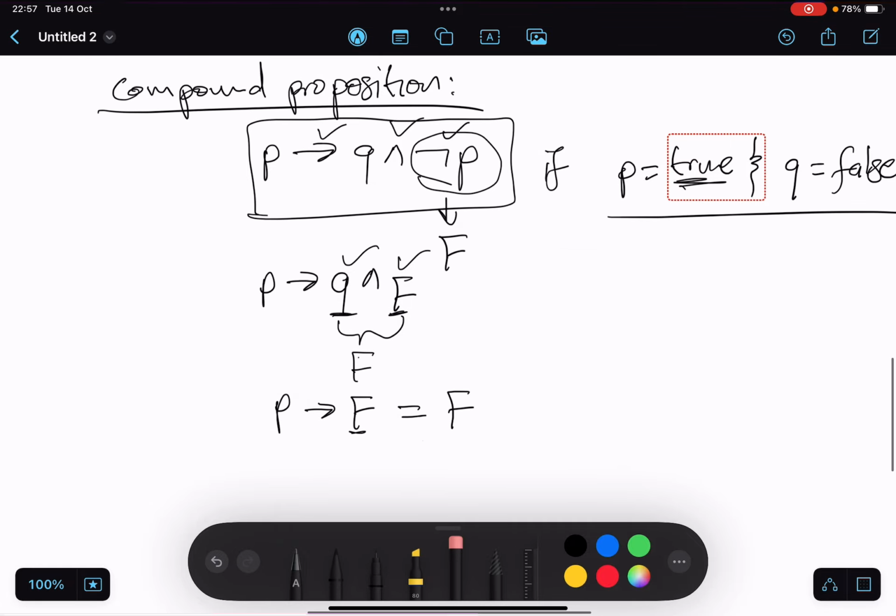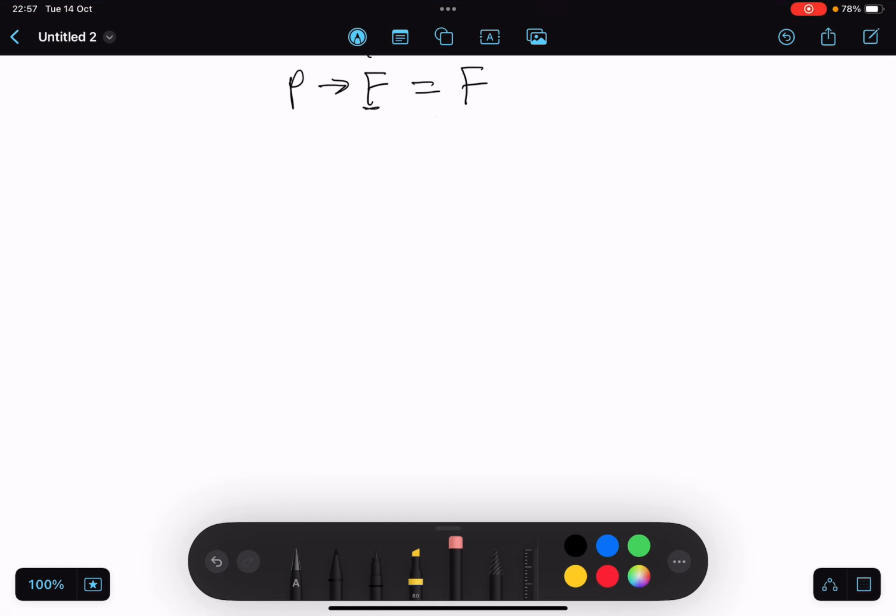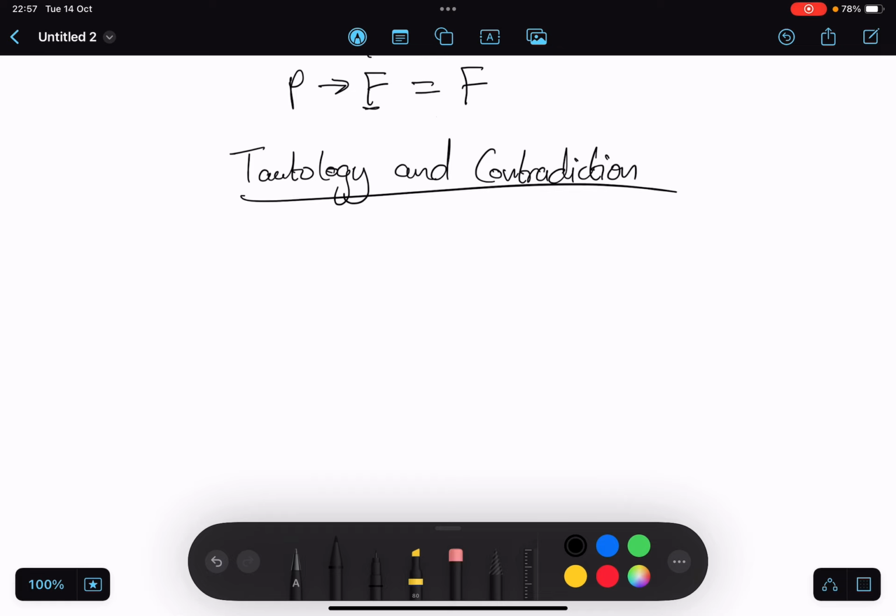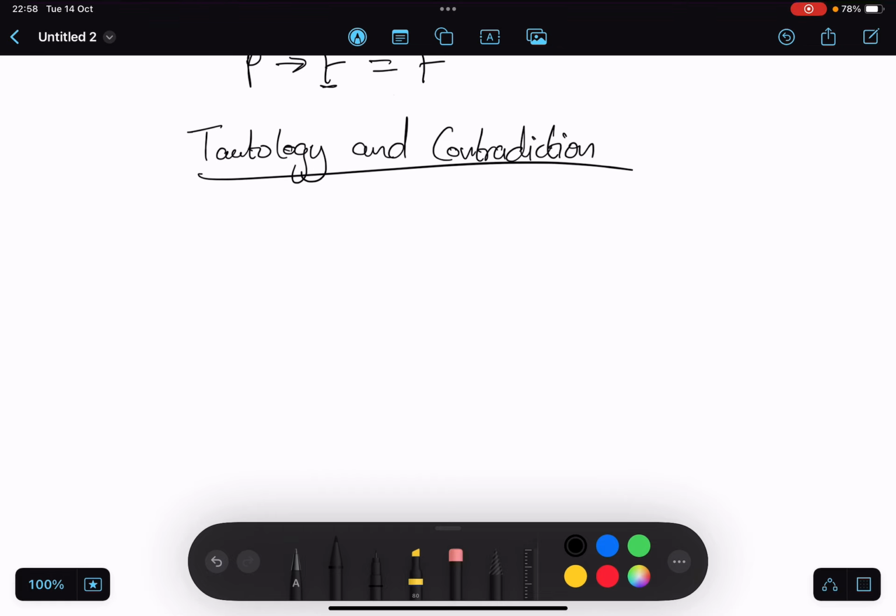Now we are going to look at two common principles which are applied when we are trying to simplify a compound proposition: tautology and contradiction. What is tautology?